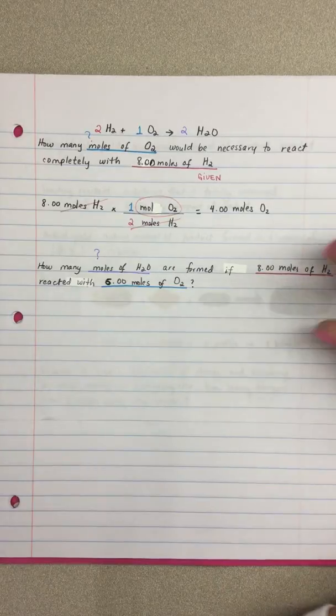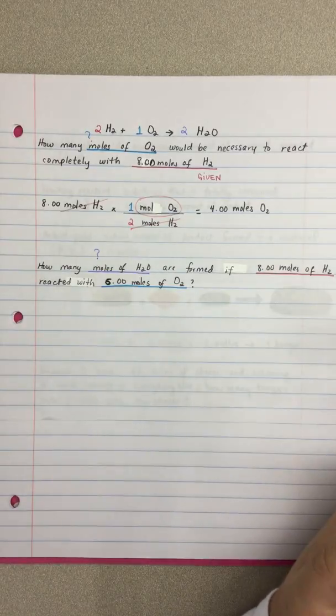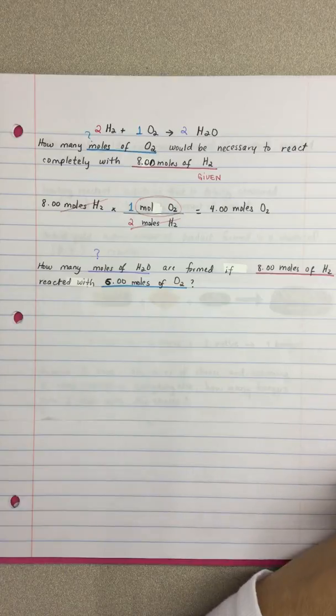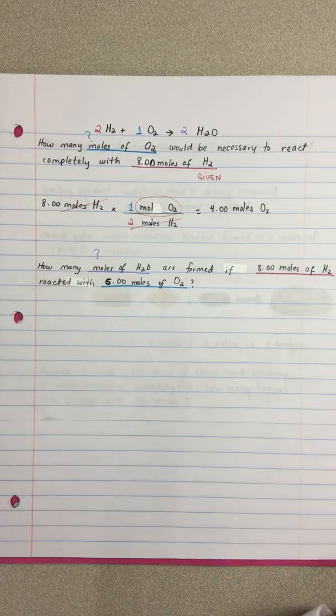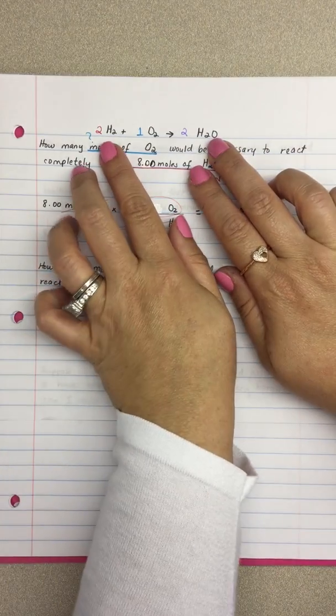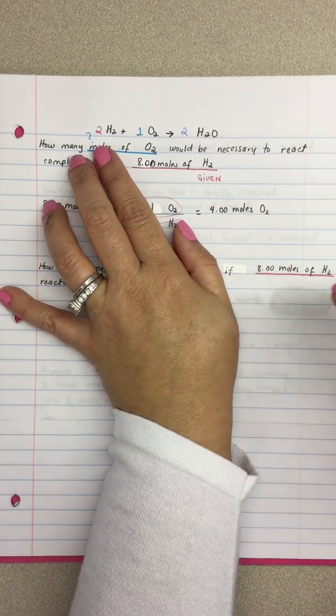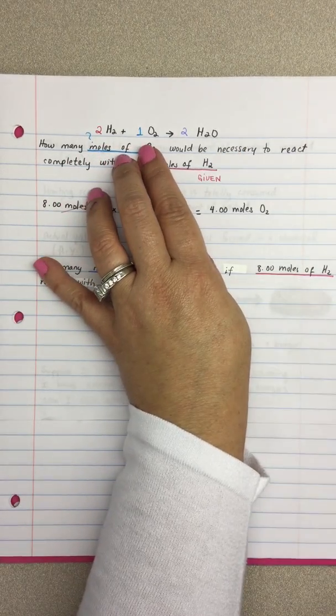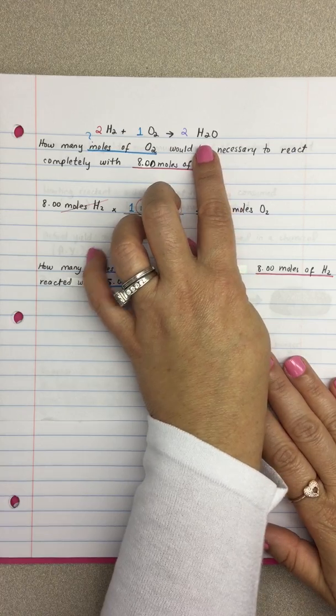So in this problem, you don't have excess of any of your reactants. Your given amount for each reactant listed in your reaction, you have hydrogen and oxygen, and the problem is asking you, okay, if this is your reaction, your recipe, if you react 2 moles of hydrogen with 1 mole of oxygen, you're getting 2 moles of water.